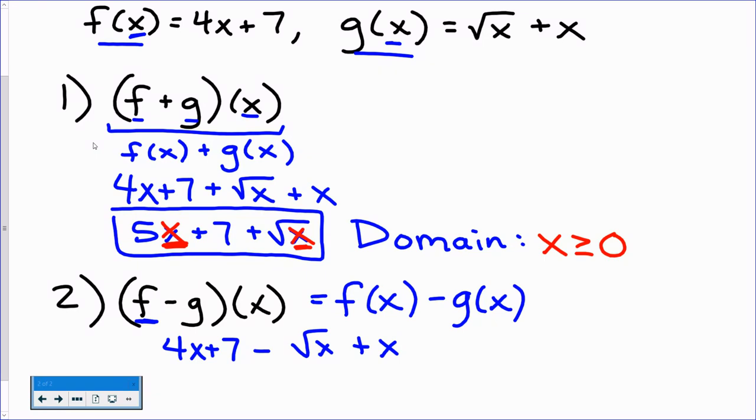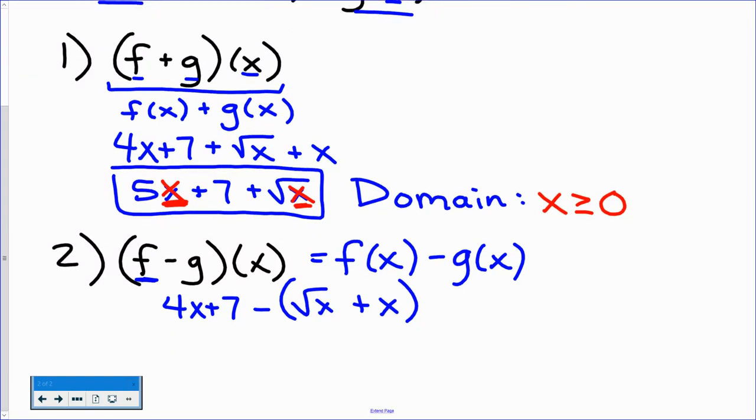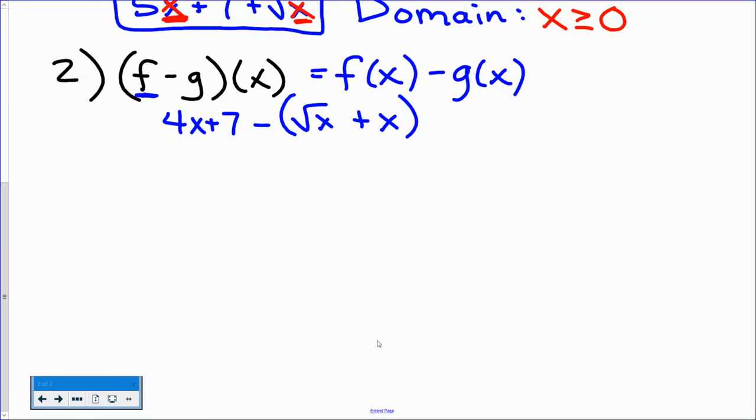If I just wrote it the way I have it written right now, I'm going to get this problem wrong. I need to make sure I am subtracting the entire function of g of x, which would be the square root of x plus x. So I need to put that in parentheses so that I make sure I am subtracting the square root of x and I am subtracting x.